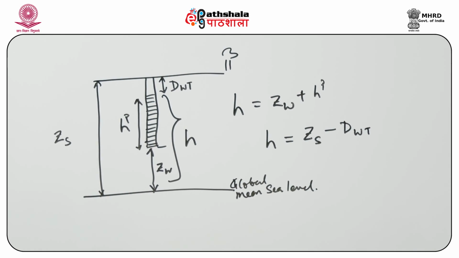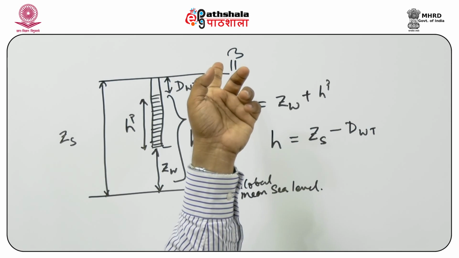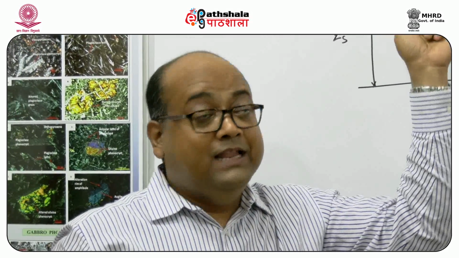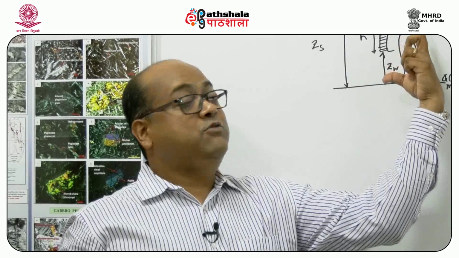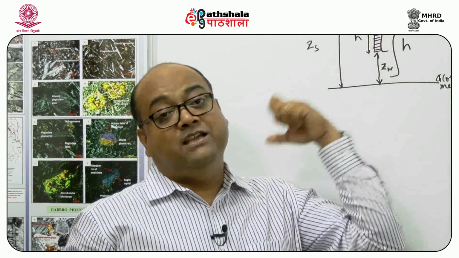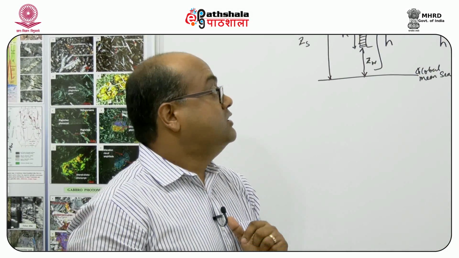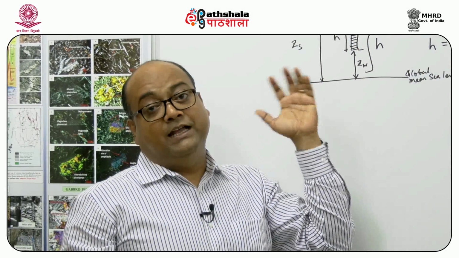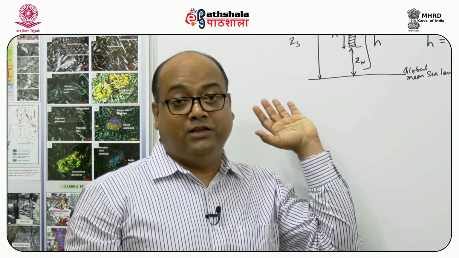So if I know the elevation of the surface and the depth of the water in the well, we can subtract that, and finally, as you can see from the diagram, we get the value of H, which is the hydraulic head. This is one very common way to measure the hydraulic head of a particular area.